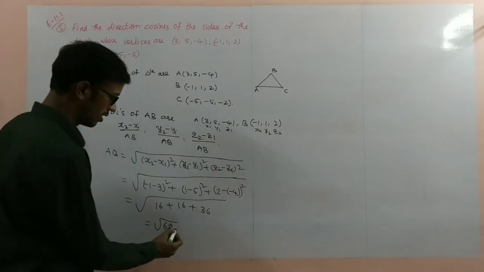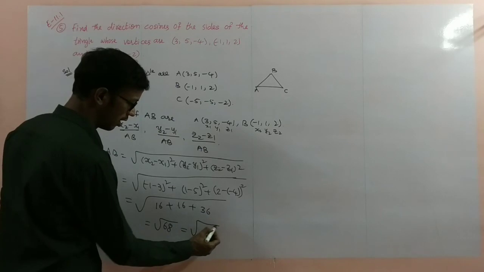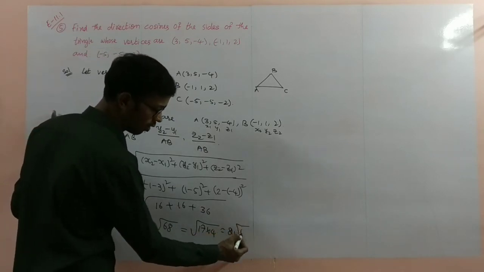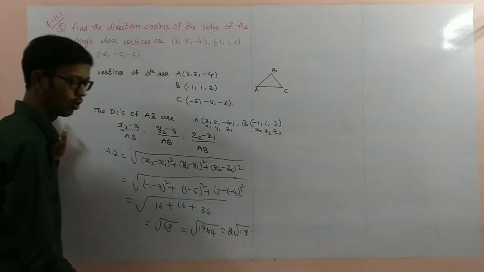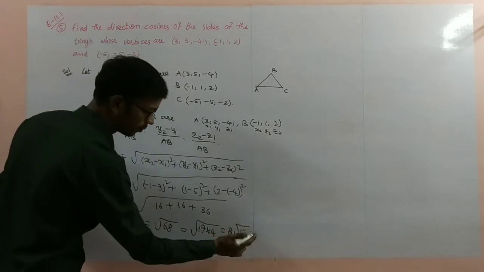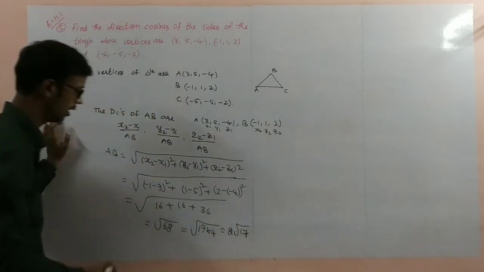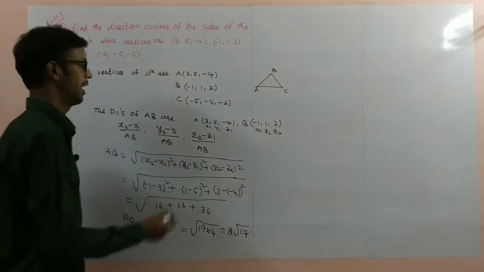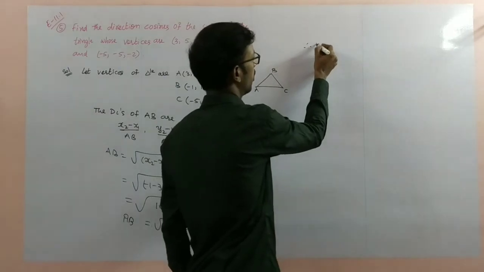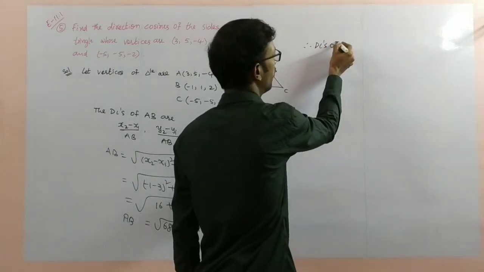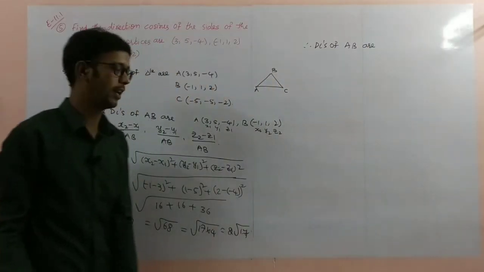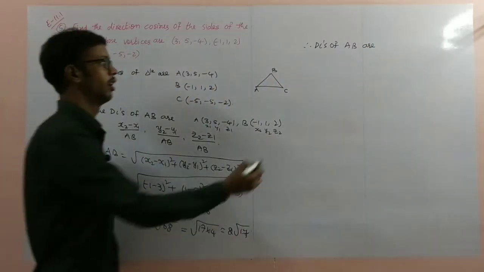How can we write 68? 17 times 4, that is 2 root 17. 2 root 17 is the AB value.